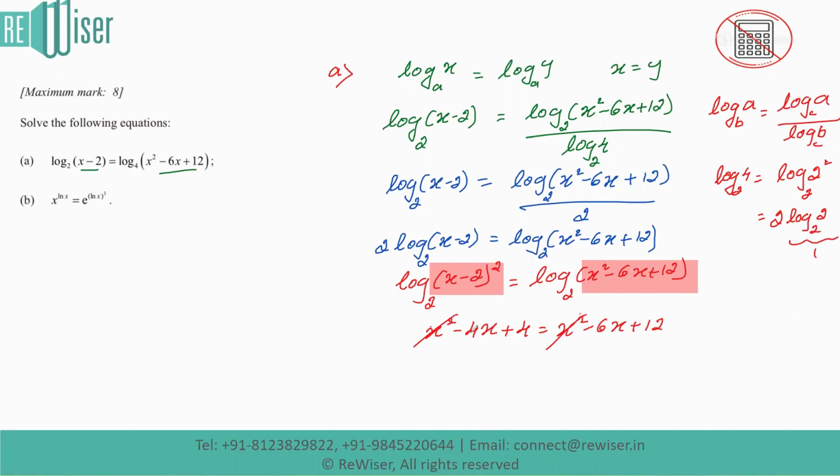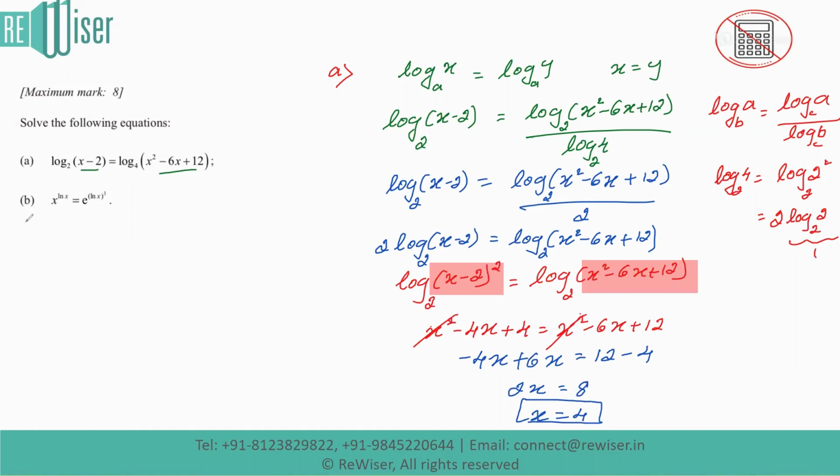I'll take the minus 6x to the left-hand side and this positive 4 to the right-hand side. So I'll get minus 4x plus 6x is equals to 12 minus 4. In that case, I'll get 2x equals to 8. So the value of x is 8 over 2, which is 4. And this is the right answer for part A.